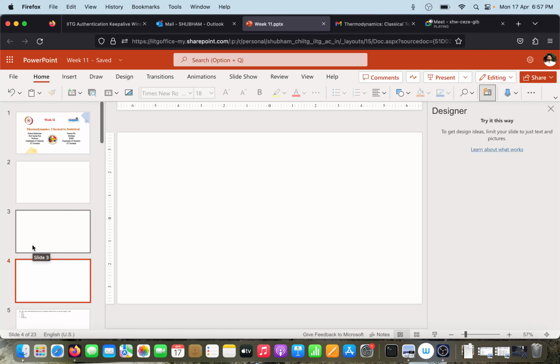We know this is q vibrational, and in the beginning I told that q vibrational, if the zero point energy E naught is equal to 0, then it is 1 over 1 minus e to the power minus theta by T, where theta is h nu by kB.